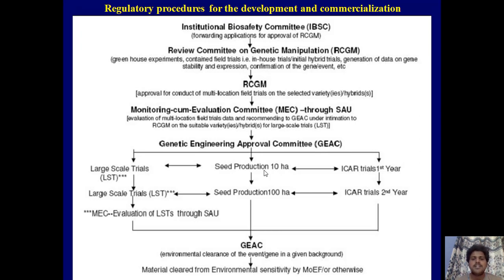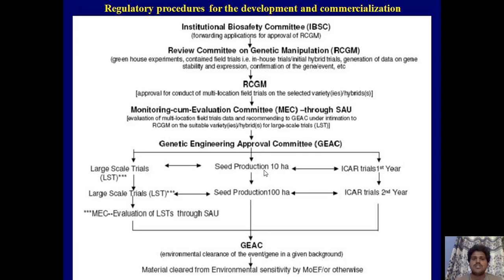Then coming to GEAC, seed production for 10 hectares, then large scale trials, seed production up to 10 hectares, then ICR trials first year, ICR trials second year, seed production up to 100 hectares, then large scale trials and MEC evaluation of these large scale trials through SAUs, and then finally GEAC giving environmental clearance of the event or the gene in the given background.